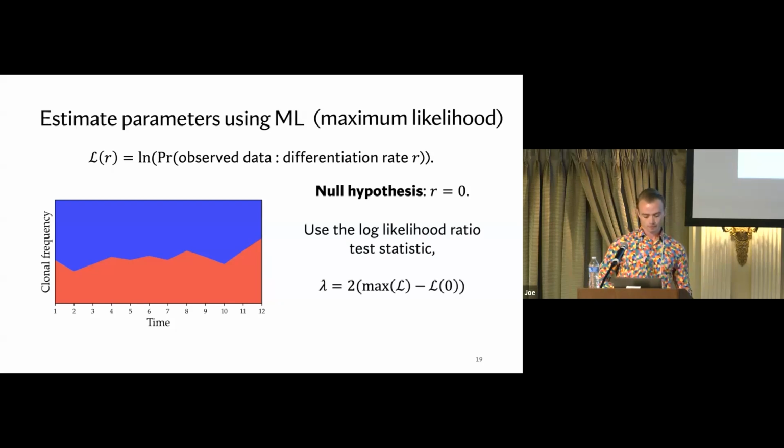And to reject or accept that hypothesis, I'm going to use what's called a likelihood ratio test statistic. This is really a comparison between the value for the rate of drift that is most likely to produce this data and the likelihood of getting this data with no drift. If that difference is significantly large, then I will say that there is significant evidence that there's a non-zero rate of drift, and I can reject my null hypothesis.